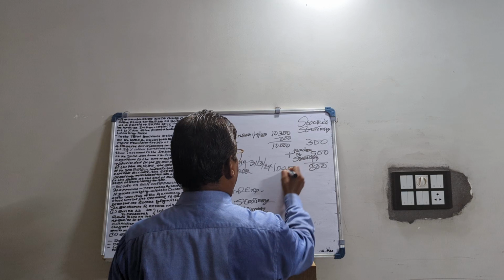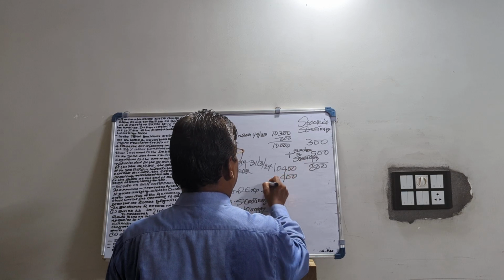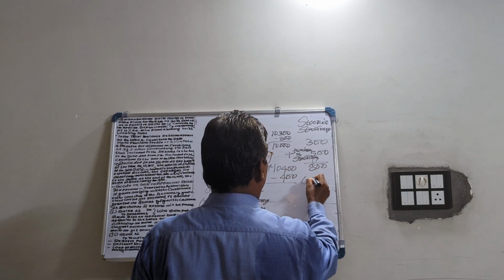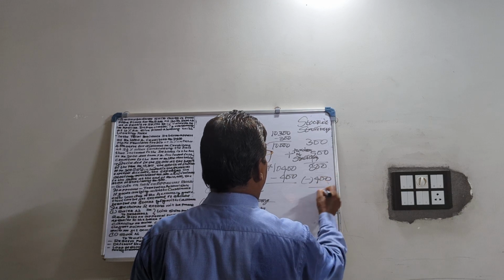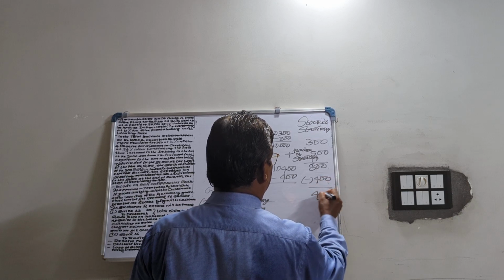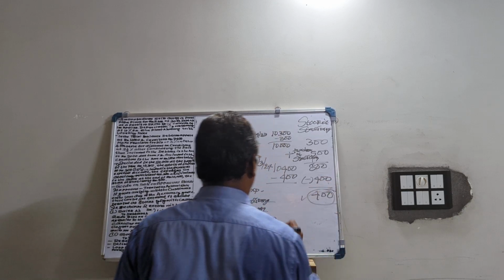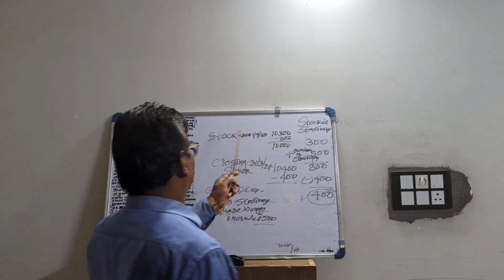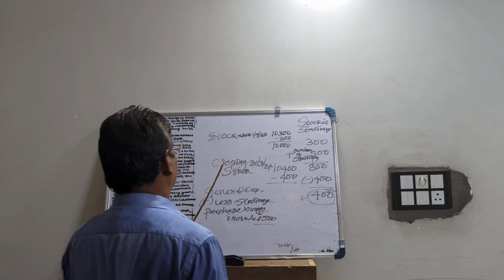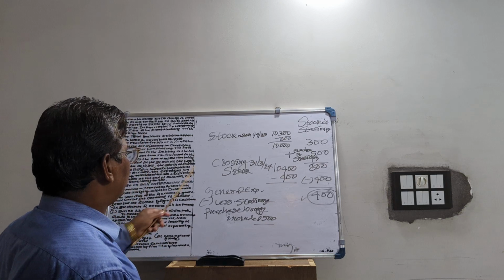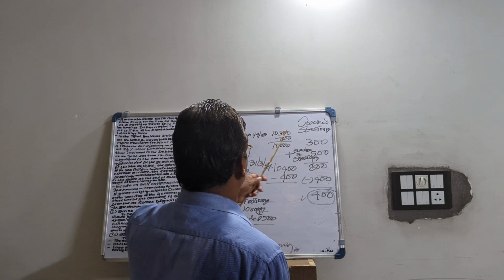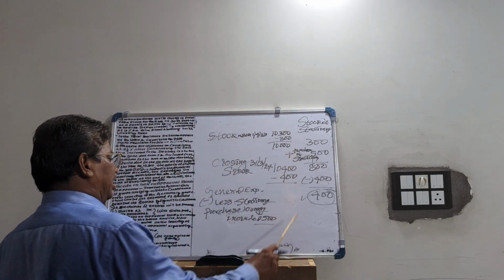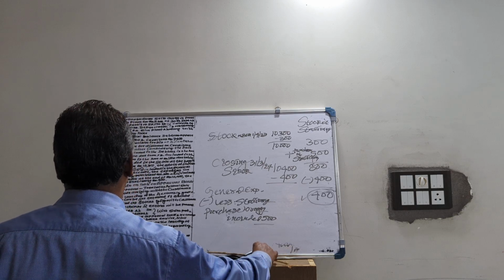Out of 10,400, 400 is closing stock of stationery. So we deduct the closing stock of stationery. So stationery used is 400 rupees. That will be shown on the profit and loss debit side. And opening stock 10,000 will be shown on the trading account debit side. Closing stock 10,000 is shown on the trading account credit side and on the balance sheet asset side.